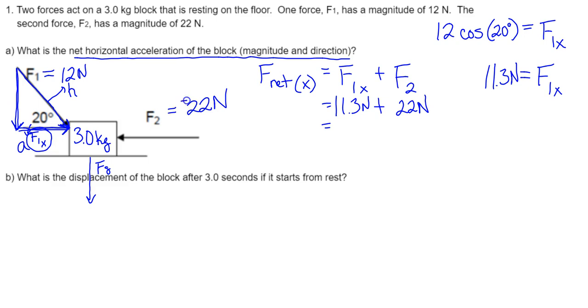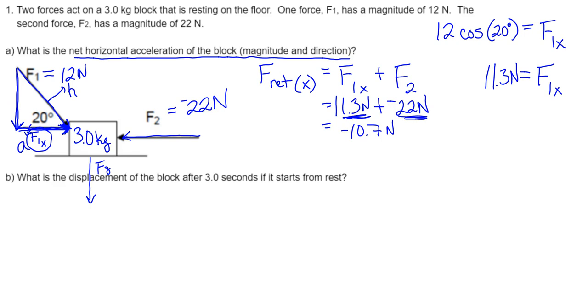So I have negative 22 newtons because it's acting to the left, so 11.3 newtons plus negative 22 newtons is negative 10.7 newtons. Sorry for the confusion there. Remember that we have to take into account direction. This force is acting to the left and this force is acting to the right. So we have to take the difference between those two, and we wind up with negative 10.7 newtons. That's going to come into play later.